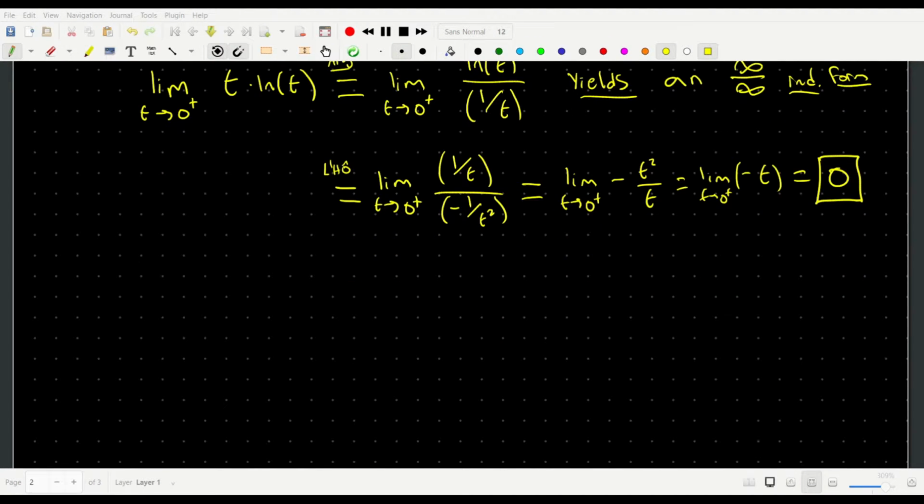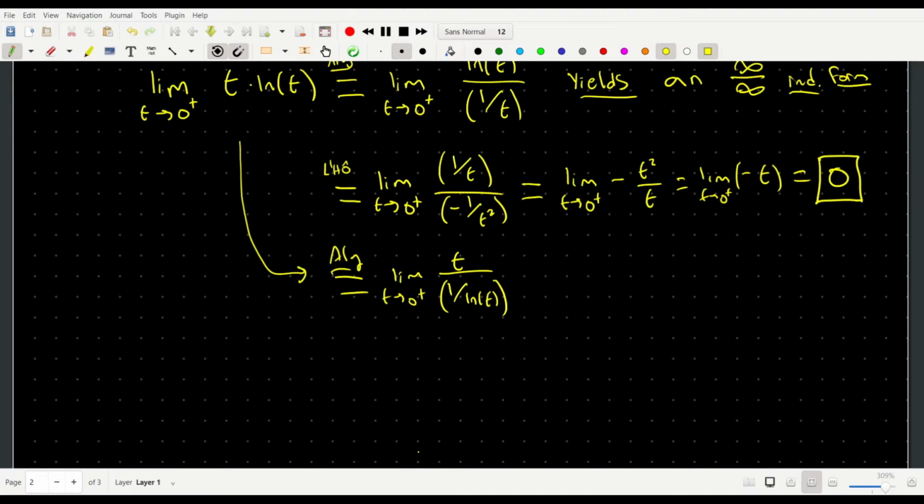Now, I encourage you to go through and verify this in the other direction. Right? If you were to instead have algebraically rewritten the limit as t over 1 over natural log of t, this would provide you with a perfectly okay way of doing this problem, and you will get the same answer, but the derivatives are just a little bit more complicated, specifically the denominator derivative.